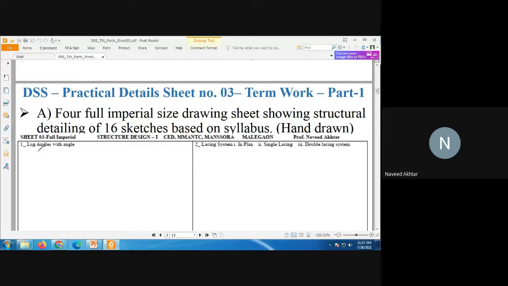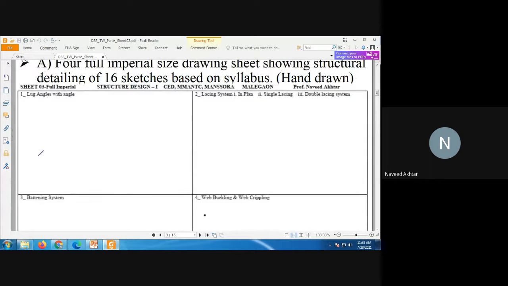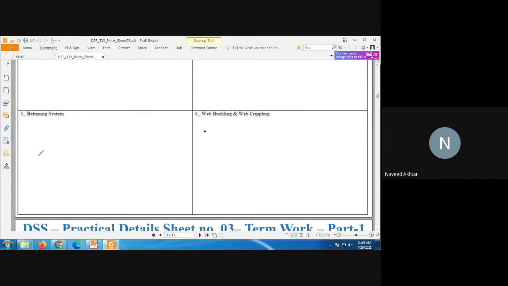There are 4 sketches: lug angles with channel, lacing system in single lacing system, double lacing system, battening system, and web buckling or web crippling. I will discuss the figures with you one by one.